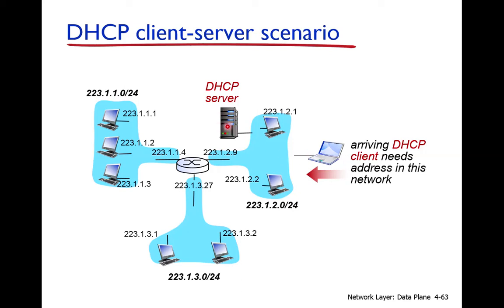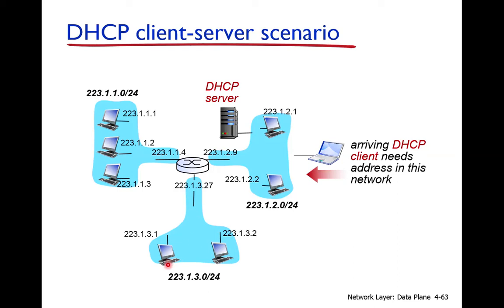This DHCP server maintains the list of IP addresses that are assigned and the list of IP addresses that can be assigned. It also contains the DNS address for this network and the default gateway in this network. So what is a default gateway?